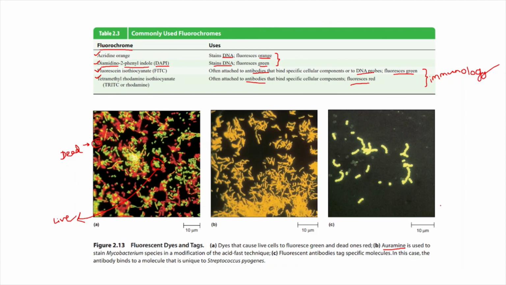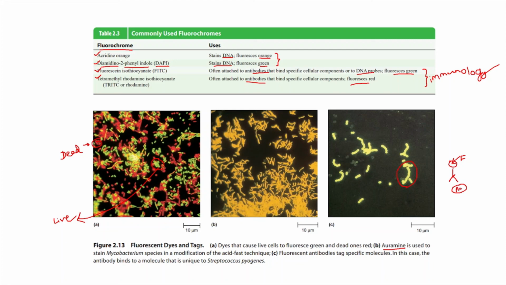And the last one is an immunological assay. So this is actually fluorescent antibodies tagging specific molecules. What happens here is you have the antibody, and you have the fluorochrome attached to one end of the antibody, and this antibody binds to some antigen, say a bacteria.